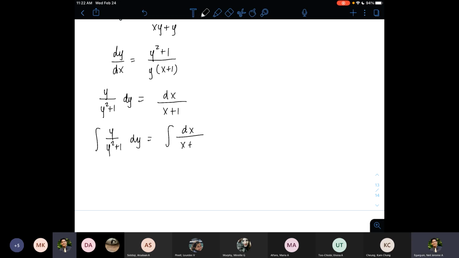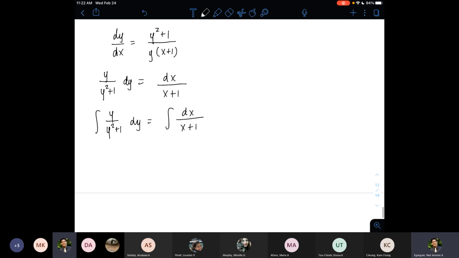This is exactly the reason why we want to separate the variables, so that we can integrate them. Looking at the left-hand side, I will let u be equal to y squared plus 1, the entire denominator. So I'll get du equals 2y dy.